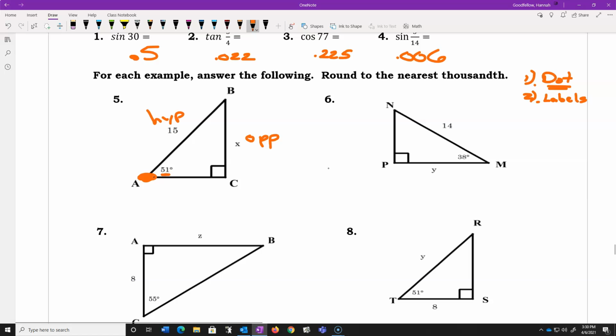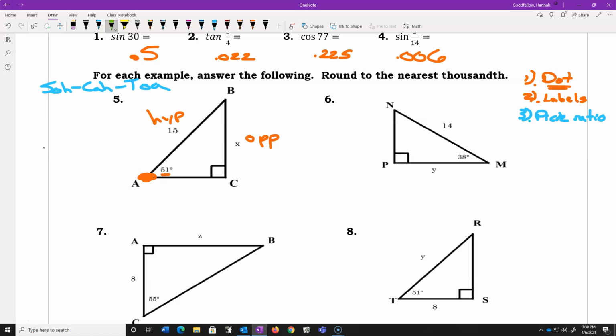Now, as soon as you get some labels in there, you can do step 3, and that is pick a ratio. What I mean by pick a ratio is that you only have 3 ratios to choose from. That's sine, cosine, or tangent, or better yet, SOH, CAH, and TOA. Those are the only ones you really get to choose from.